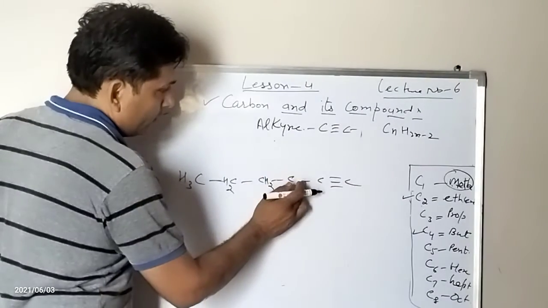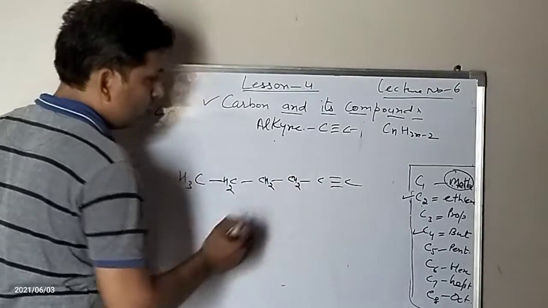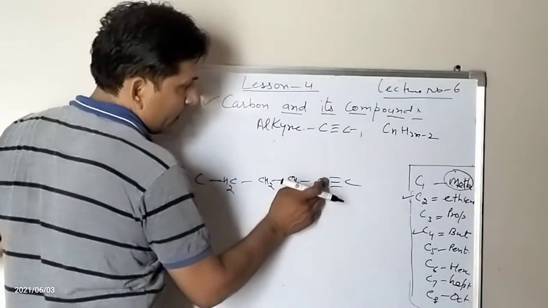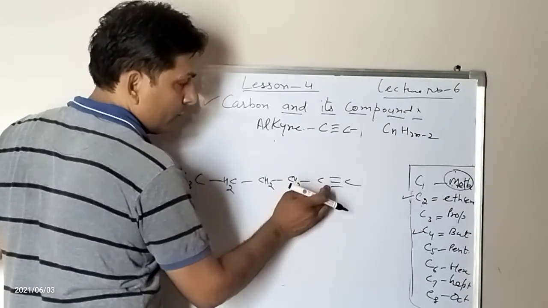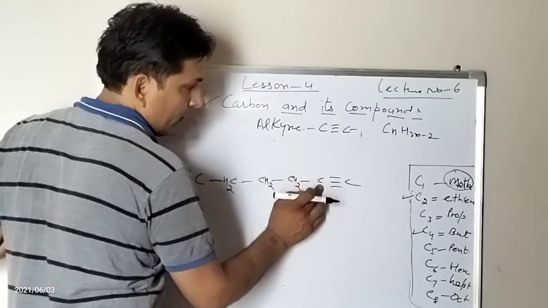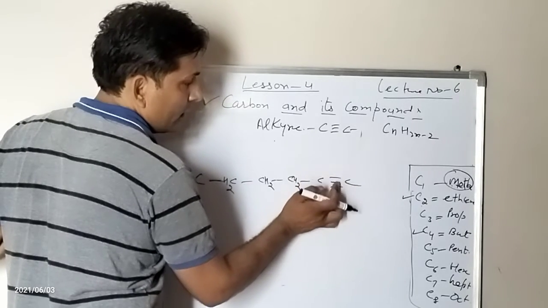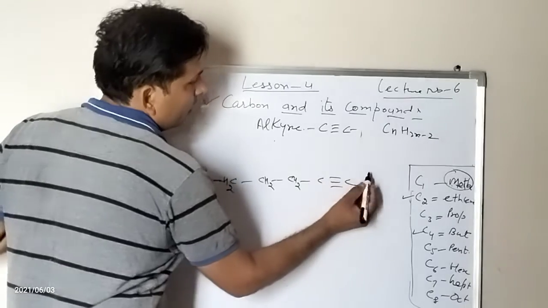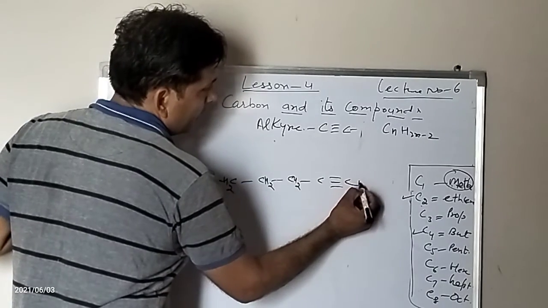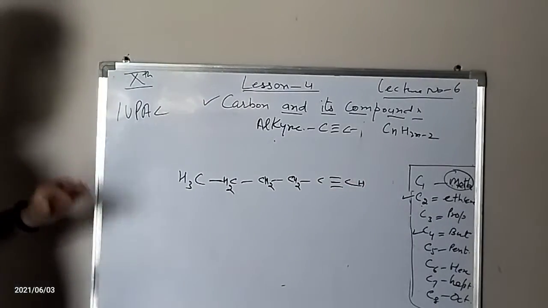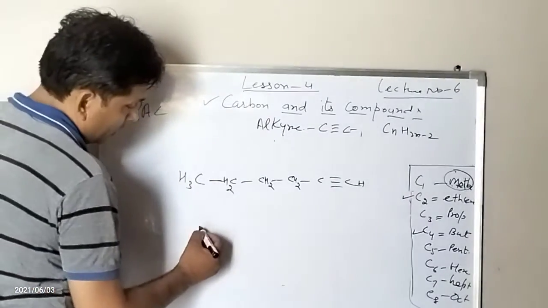Then here it is again with 2. Then come to this, 3 plus 1, it is already bonded with 4. Therefore, no hydrogen will be there. Now come to this. It has already shared 3 pairs of electrons, therefore it will have only 1 hydrogen. Now you can write the formula like this also.